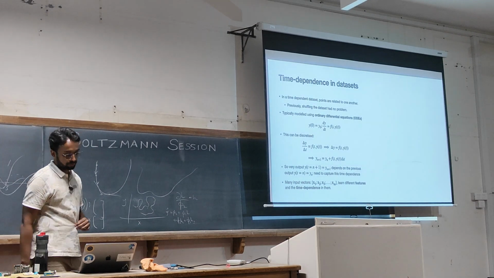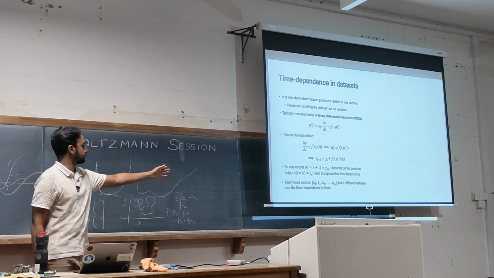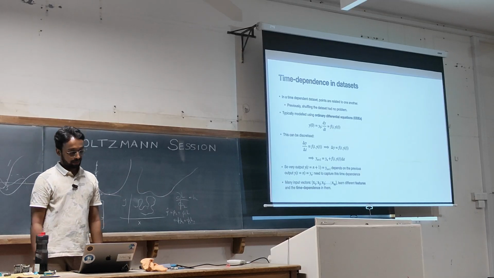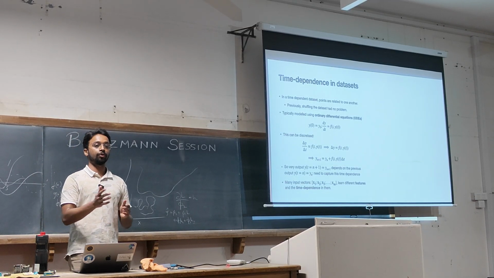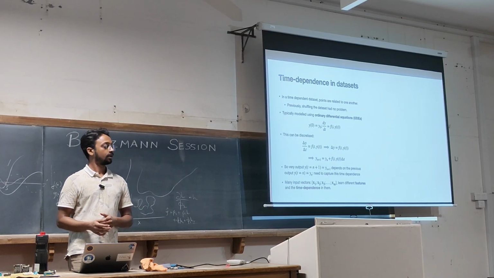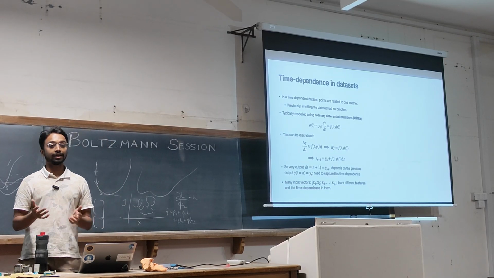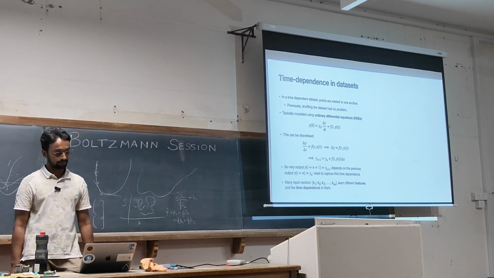In that kind of situation, you will have multiple input vectors, which are different features of your data, and you want to fit all of them simultaneously. You also want to understand the time dependence in those features.